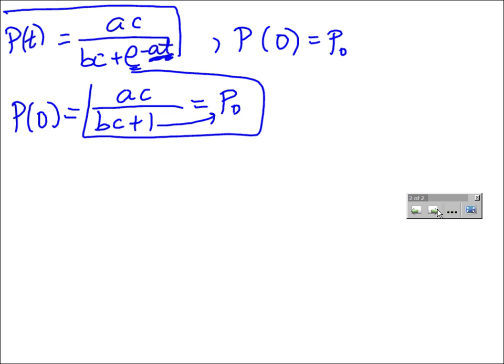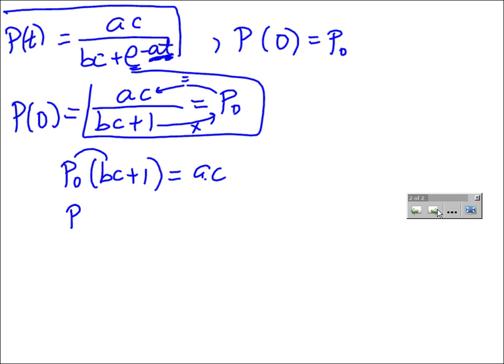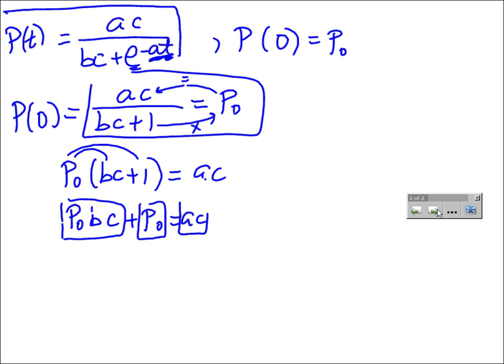What's in the bottom times p0 is equal to the top. p0 times bc plus 1 is ac. Distributing, I get p sub 0 bc plus p sub 0. This is ac. Bring all the c's to one side. It's this term plus this term plus that term.